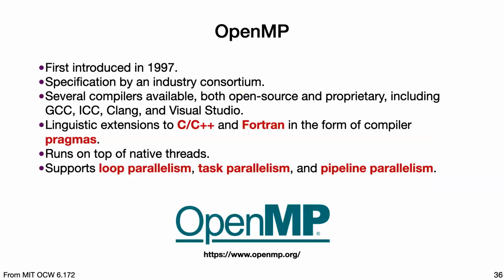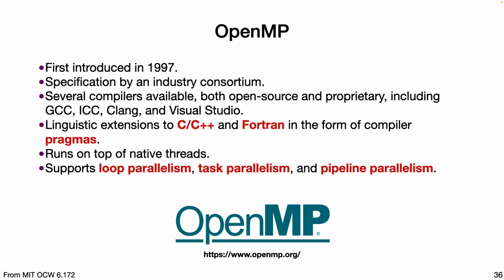So these days, I think the most popular multi-threaded programming framework is OpenMP. It was first introduced in '97. It's a specification by an industry consortium, and it's available in several compilers nowadays. It just comes with your GCC. ICC is a proprietary compiler. Clang and Visual Studio. I think Clang is open source.